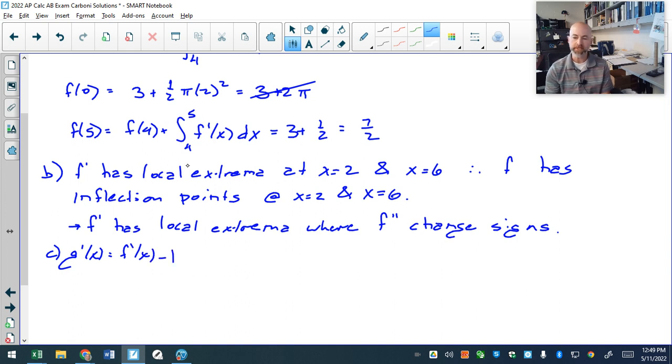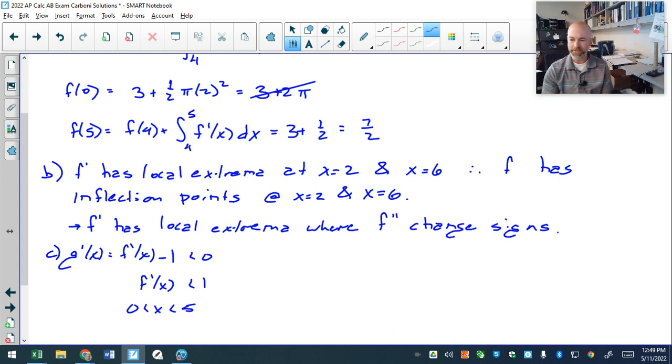And for G to be decreasing, I need that thing to be less than 0, which is going to be when f prime of x is less than 1. And I'm looking at this graph, and f prime of x is less than 1 on the interval 0 to 5. So 0 less than x is less than 5.